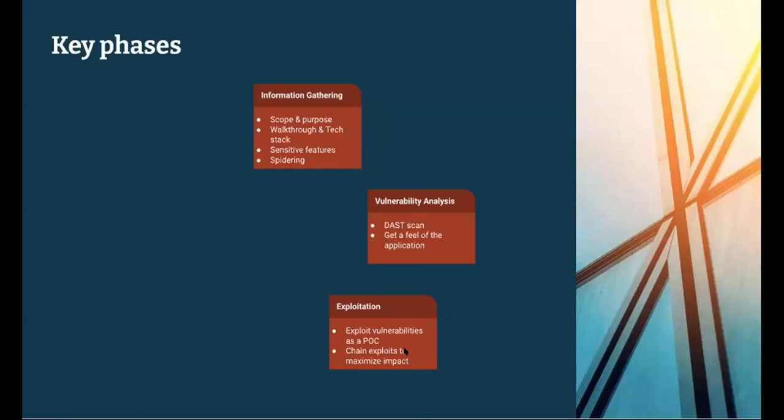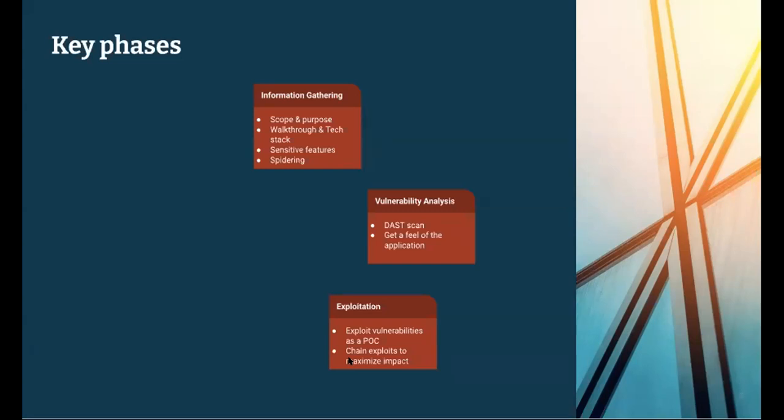The other interesting thing is I try to chain exploits. Now, what exploit chaining essentially means is that there may be a vulnerability of XSS, and there may be a vulnerability of another nature altogether different, right? And there may be two independent vulnerabilities. But if I'm a good and experienced penetration tester, I'll know how to chain these two together in such a way that the impact becomes much larger than any of the individual vulnerabilities.